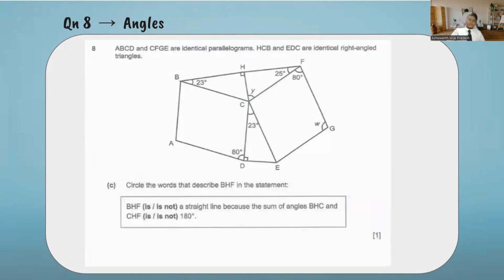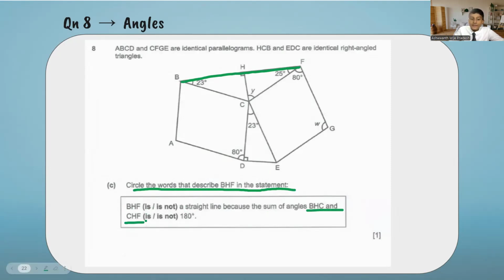This is part C of the question. Let's read it. Circle the words that describe BHF in the statement. Where is BHF? This is BHF. BHF is or is not a straight line because the sum of angles BHC and CHF is or is not 180 degrees. Which angles are they talking about?